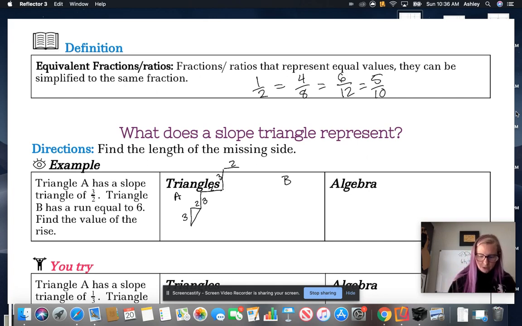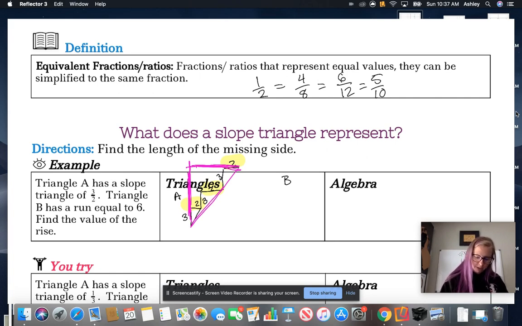And what I have just created here is a run of 6 total. So I've created a big slope triangle. Let's do that in a different color here. I've created a big slope triangle right here, where my overall rise and my overall run has changed. So now I've risen a total of 3 times 3.